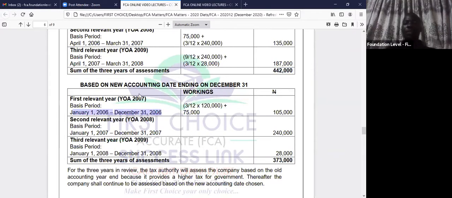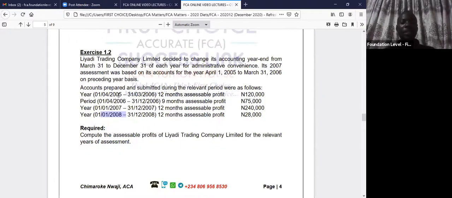So you ask yourself, where can I get 2006 January 1? You can get January 1, 2006 here. So you ask, from January to March, how many months is that? 3 months. So you're going to do 3 months out of 12 here.